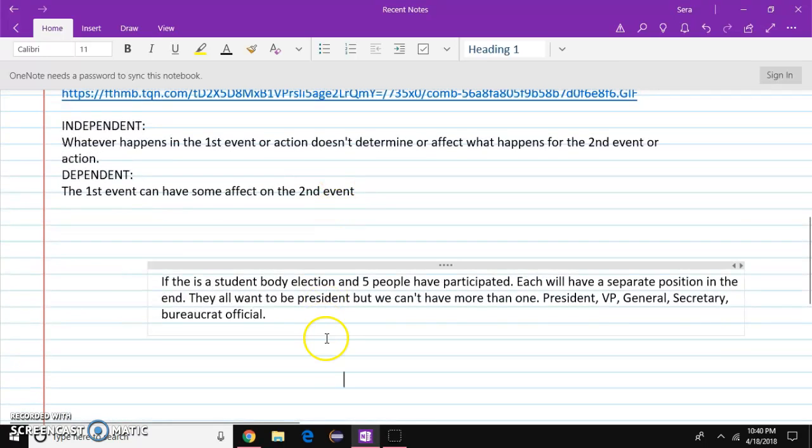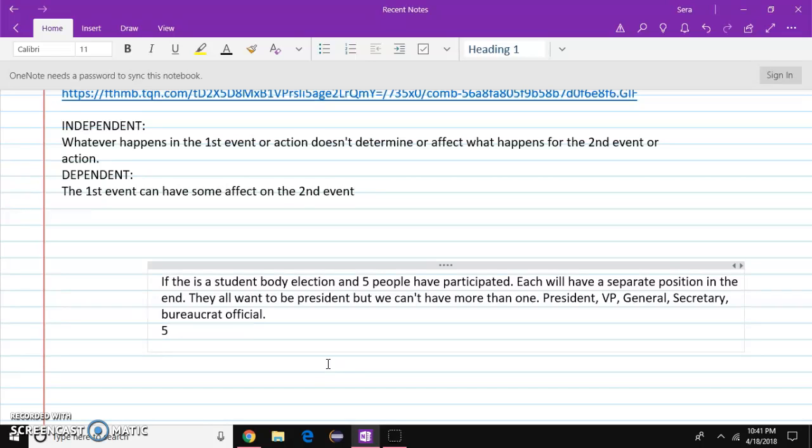Because you have to see it like, okay, there are five people that can be chosen to be president. But once that's gone, then there are four people, and then there are three, then two, and then there is one.